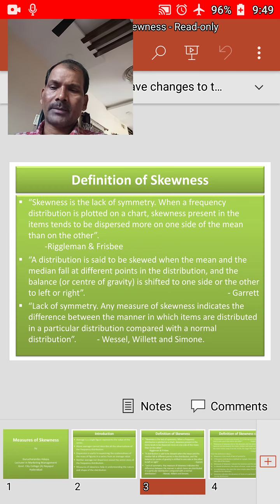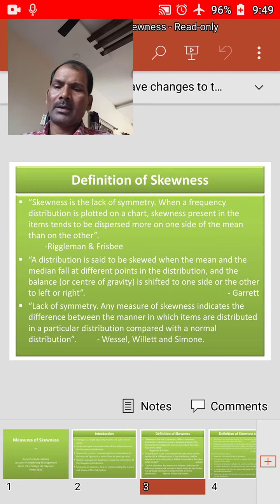According to Garrett, a distribution is said to be skewed when the mean and the median fall at different points in the distribution, and the balance or center of gravity is shifted to one side or the other, to left or right.